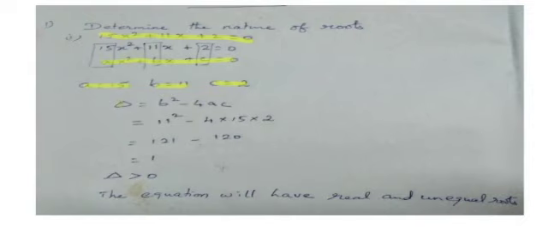So discriminant is equal to b square minus 4ac. You should substitute the values of a, b and c. The b value is 11, so it becomes 11 square minus 4ac. 4 into, instead of a, 15, into, instead of c, 2.